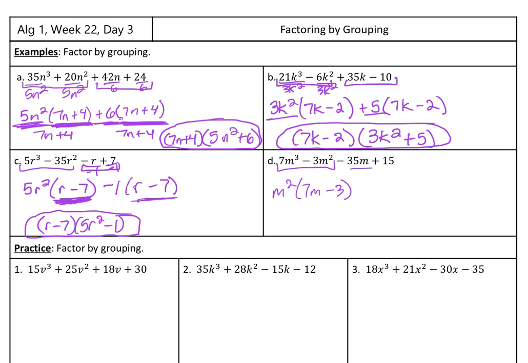And then on this one, we do have a 5 in common, but if I notice, okay, these signs are backwards, I want it to be a plus and then a minus, then I'm going to go ahead and take out a minus 5, or divide by a minus 5 instead of a positive 5. And that will give me positive 7m, and it will give me a negative 3. So they have 7m minus 3 in common, and that leaves me with m squared minus 5.